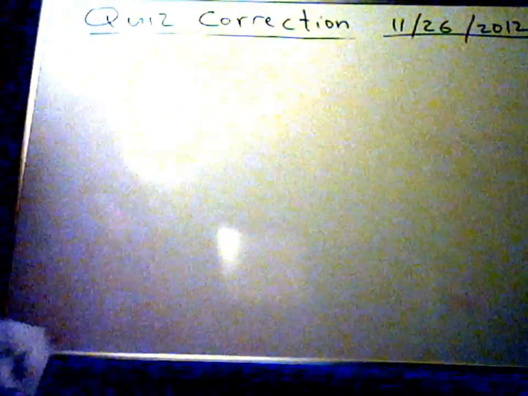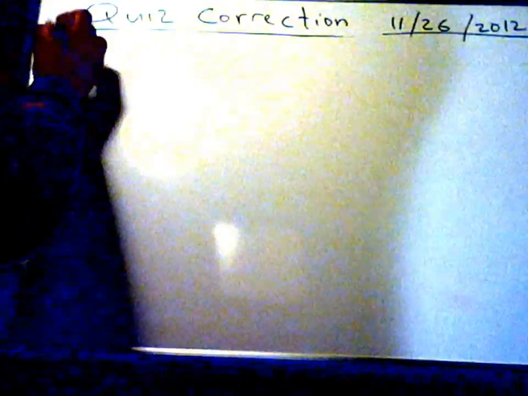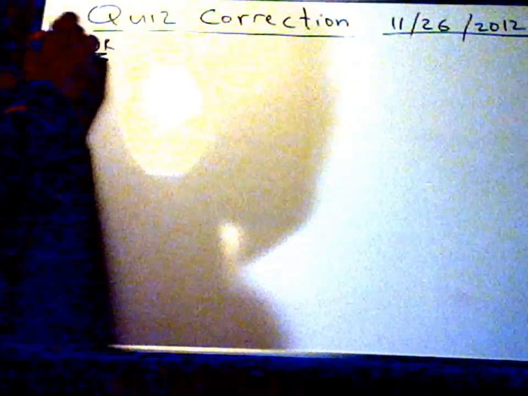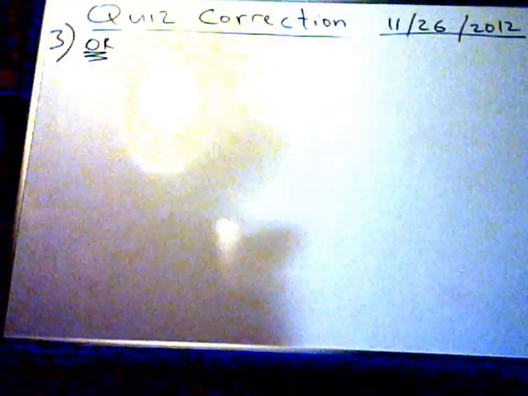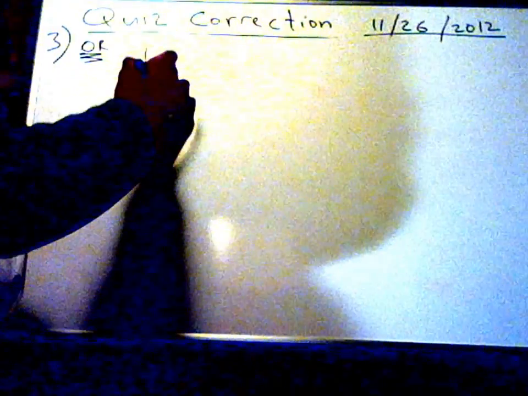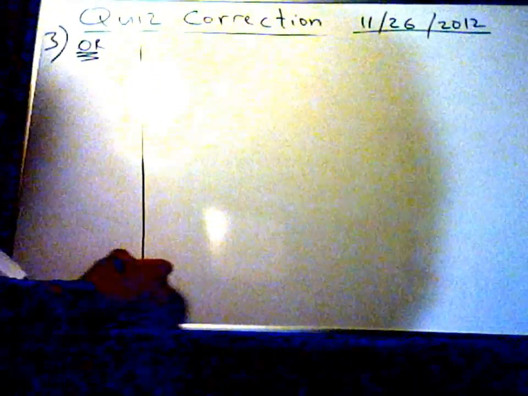If you're going to draw a graph, you have to have a constant scale. So this is another way of answering number 3. Instead of doing the constant ratio, you could have drawn a graph.